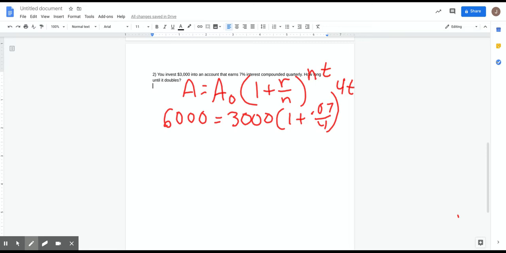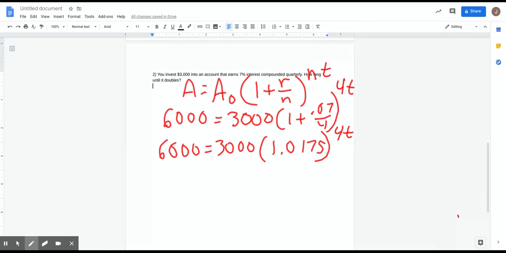So let's see, 1 plus 0.07 divided by 4. Hit enter. And from that, I get 1.0175. And we still got that 4t power.